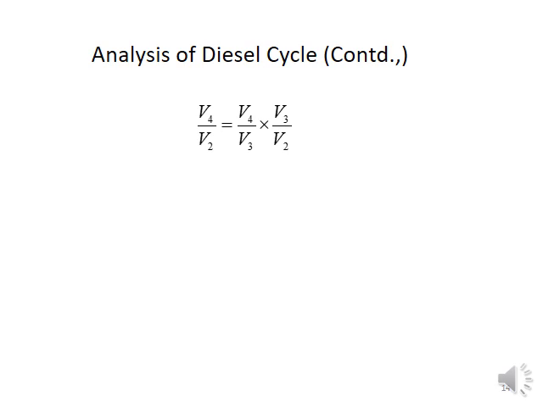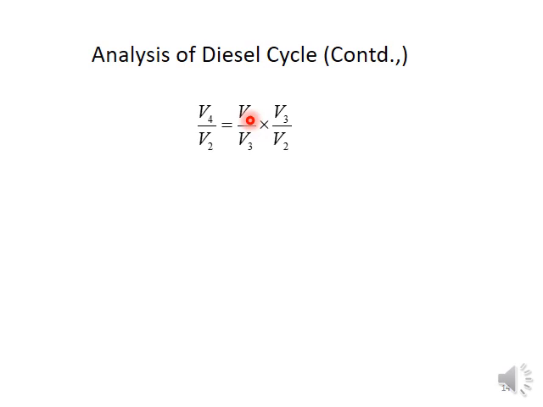Taking V4 by V2, I multiply and divide by V3, so it becomes V4 by V3 into V3 by V2.